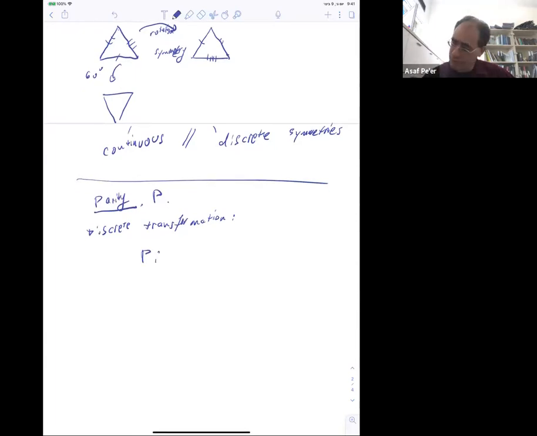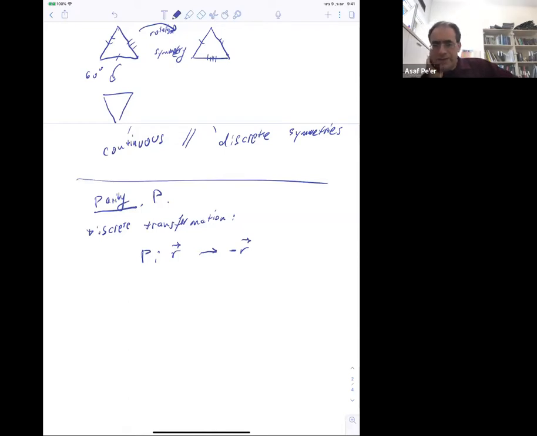When it works on the coordinate r, it changes it to minus r. So if I have a right-handed coordinate system, and I apply parity, then it becomes a left-handed coordinate system. Note that I cannot get this transformation by any combination of rotations and boosts. It's standalone.